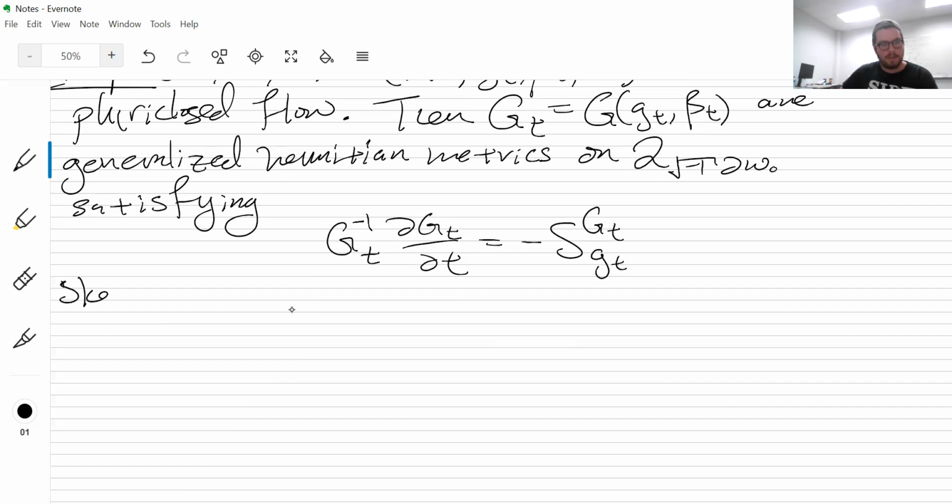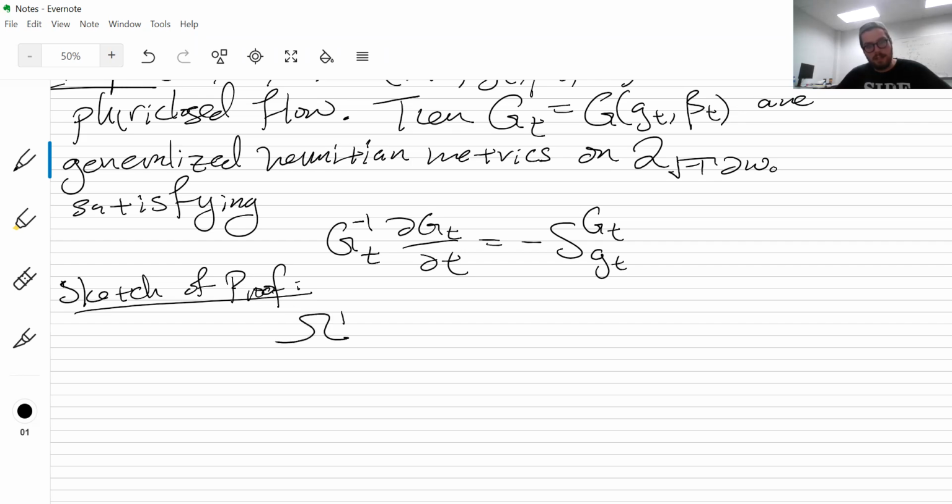So just a quick sketch of the proof. I'm not really going to get too into it because it is just sort of a calculation. But the long and short of it is that the Bismuth connection, the Bismuth curvature of G is in a certain sense, right?